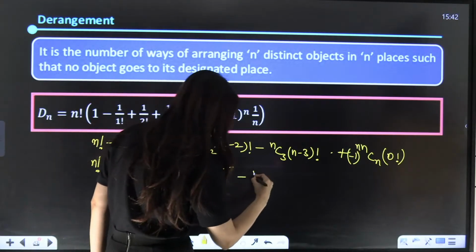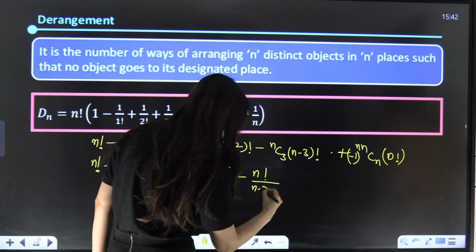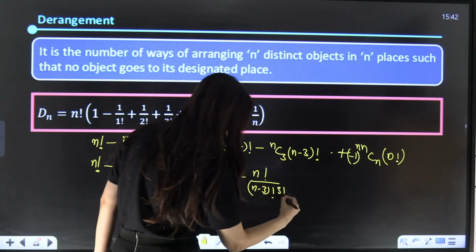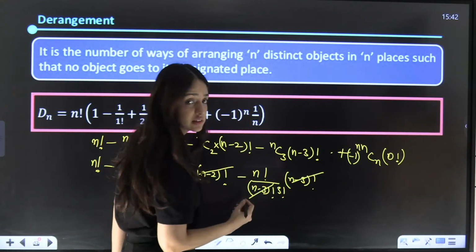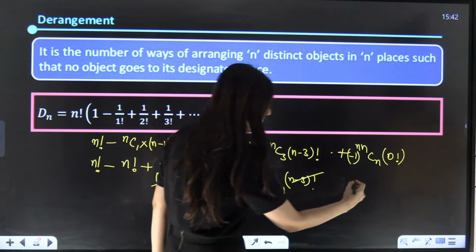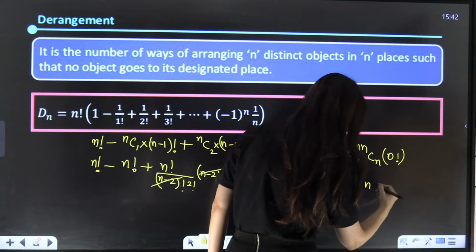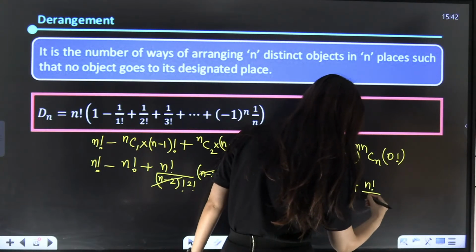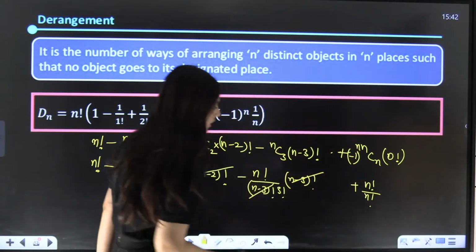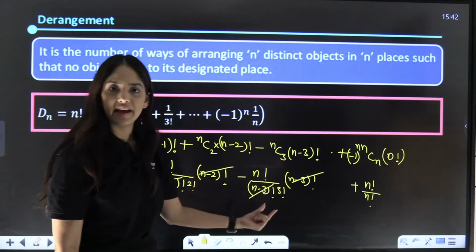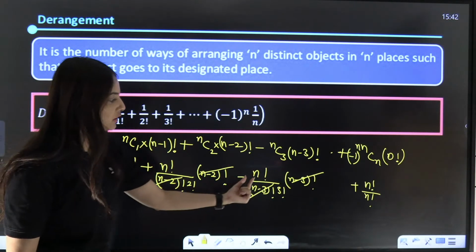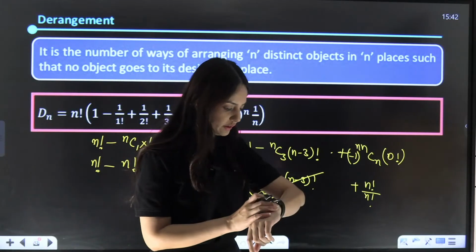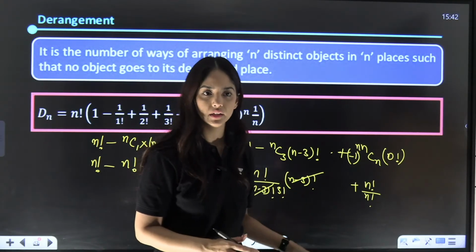Similarly here, n factorial by n minus 3 factorial, 3 factorial into n minus 3 factorial, even this gets cancelled. So like that we will have n factorial by 1 factorial, 2 factorial, 3 factorial, 4 factorial up to n factorial, right?